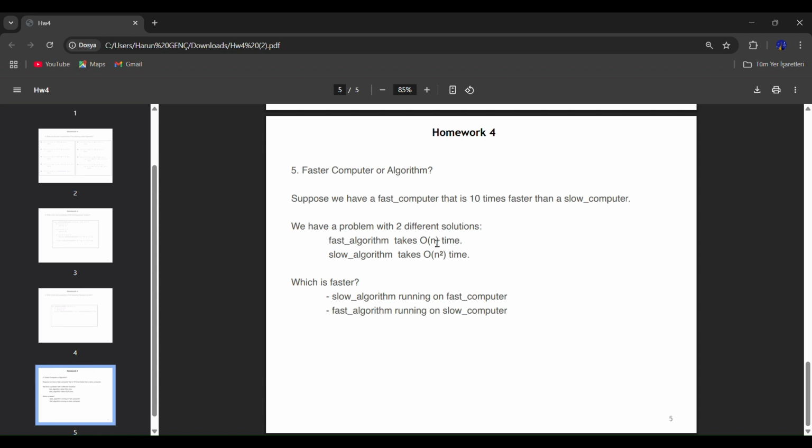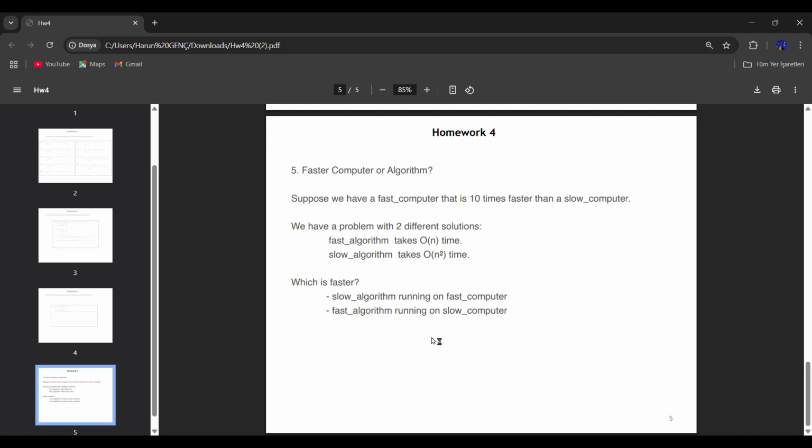Case two: the fast algorithm takes d times n time on the slow computer. d is a constant. Running on the slow computer does not change the complexity, so its execution time is d times n.